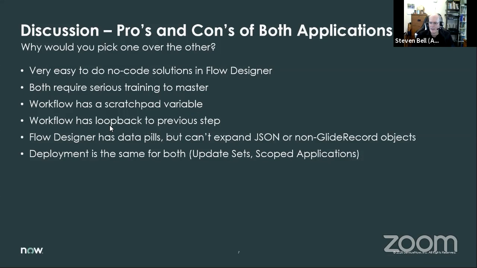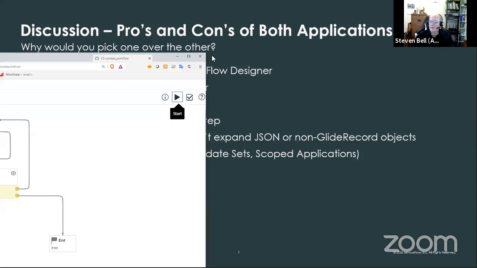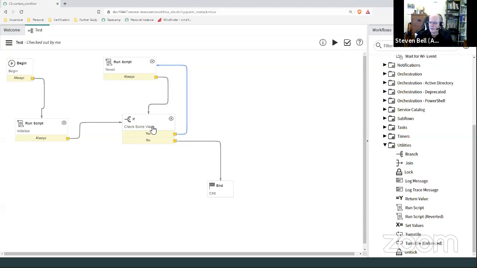So, workflow loopbacks are not available at all inside of Flow Designer. This is a big deal right here. By loopbacks, what I'm talking about, let me demo real quick, is you have something like this, where you have the capability of doing a test, running a script or another activity or whatever, and then looping back to do a check again.